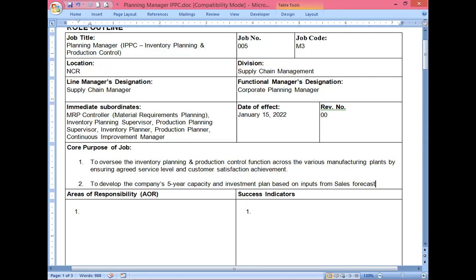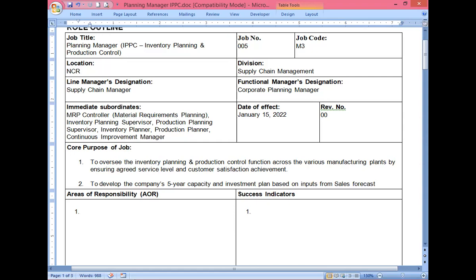Then they're planning and they make some adjustment along the way. After 3 months, after 6 months, maybe there will be adjustments. Okay, the sales department or sales division will say, okay, I will make changes on the forecast. Whether they will cut the forecast or put additional volume forecast.